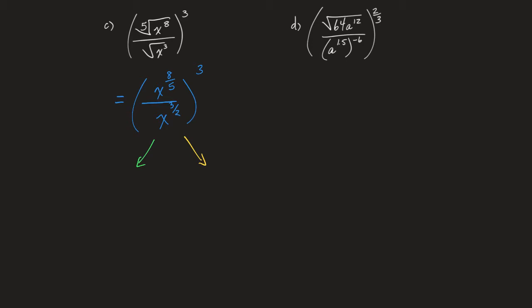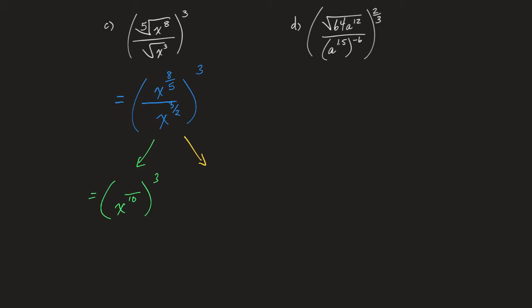So to follow the green, I'm going to simplify on the inside. So I'm not touching that cubed yet. On the inside, I have a power base x divided by a power base x. So I'm going to get a power base x. I'm dividing powers of the same base, so I need to subtract those exponents. Well, if I'm going to subtract fifths and halves, then they need to have a common denominator of tenths.